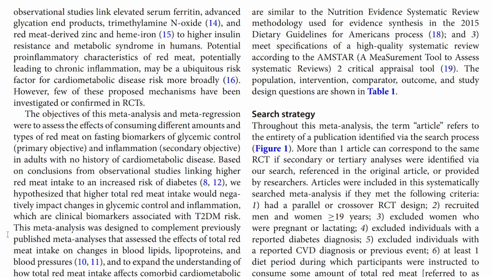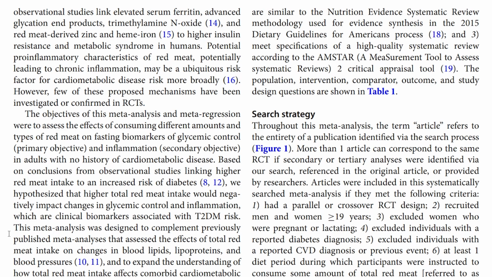Good. The objectives of this meta-analysis and meta-regression were to assess the effects of consuming different amounts and different types of red meat on fasting biomarkers of glycemic control, the primary objective, and inflammation, the secondary objective, in adults with no history of cardiometabolic disease. Based on conclusions from observational studies linking higher red meat intake to an increased risk of diabetes, we hypothesized that greater total red meat intake would negatively impact the changes in glycemic control and inflammation, which are clinical biomarkers associated with type 2 diabetes mellitus risk.